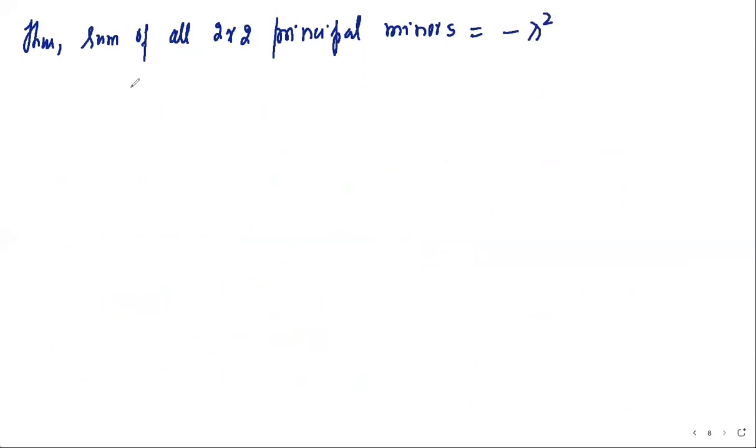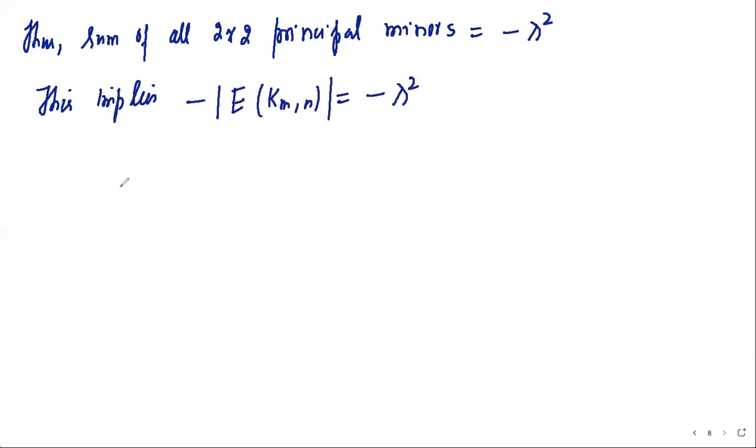But in the previous lecture, we had observed that the sum of all 2 cross 2 principal minors is negative times the number of edges. So this implies minus the cardinality of the edge set of Kmn is equal to minus lambda square, so the order of the edge set of Kmn is equal to lambda square.